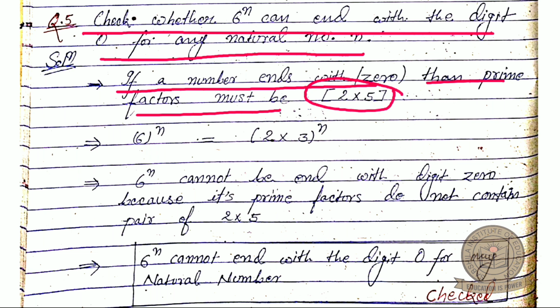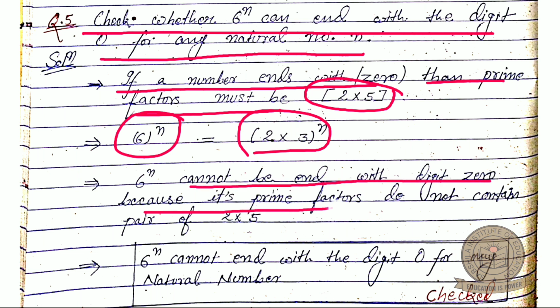Then we can write that 6 to the power n is equal to 2 into 3 to the power n. So 6 to the power n cannot end with 0 because its prime factorization does not contain the pair 2 into 5.